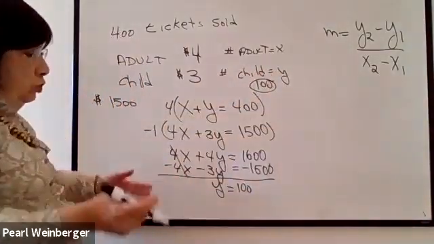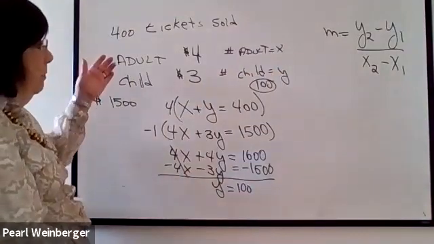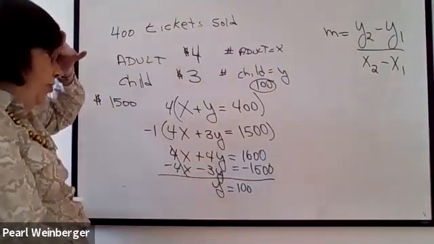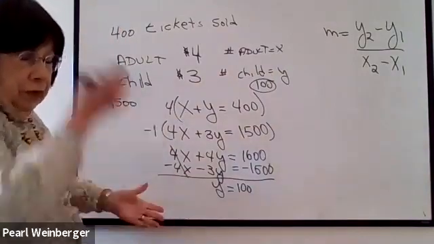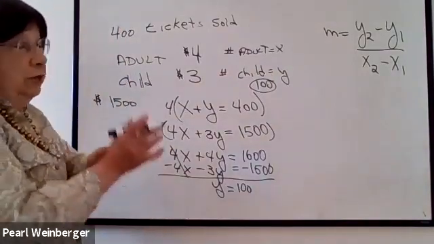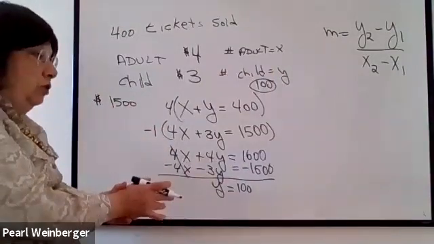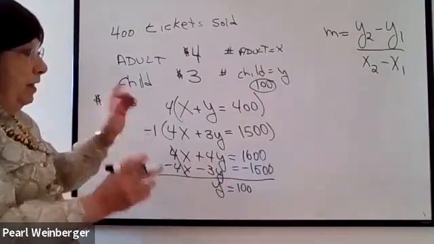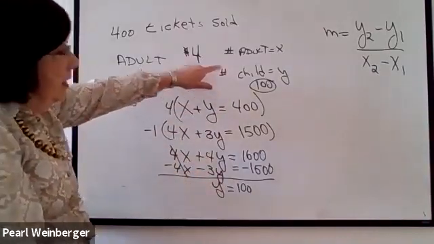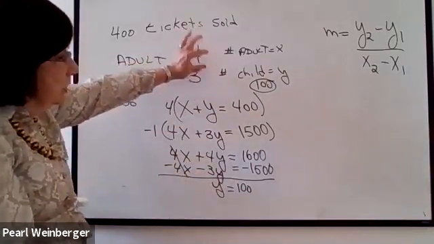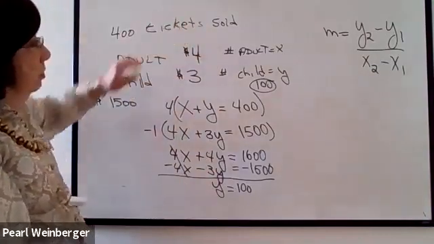Now, if the number of children's tickets is 100, how many are adult tickets? You have to be very careful because sometimes they ask you to find both. Sometimes they ask you to find just the adults. Sometimes they ask you just to find the children. But be careful you match them up properly. That's why I wrote down that the Y were the children's tickets and the X's were the adult tickets.